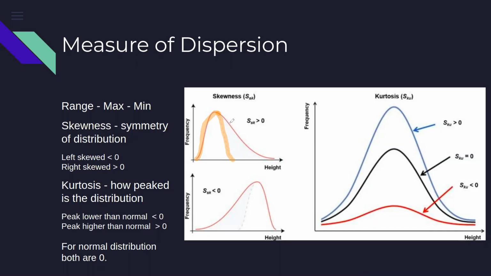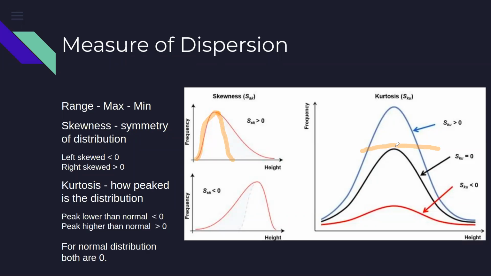But in some cases, you will have it like this, which is skewed to the right. If it is skewed to the right, then the skewness value would be more than 0. And this one is skewed to the left, and the skewness number would be less than 0. Similarly, when it comes to kurtosis, in the normal distribution it will look like this.